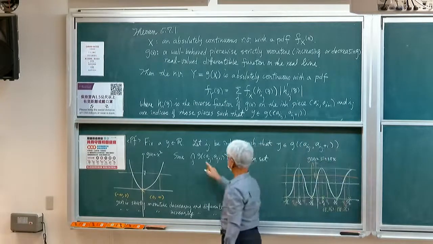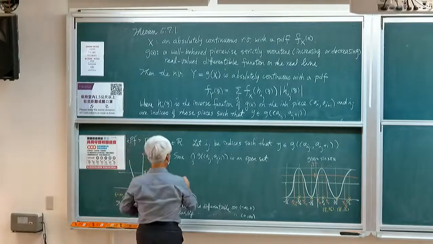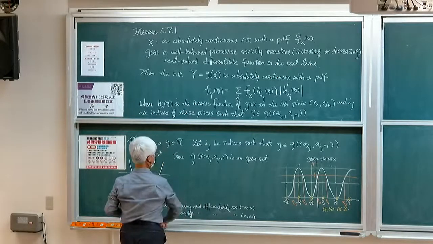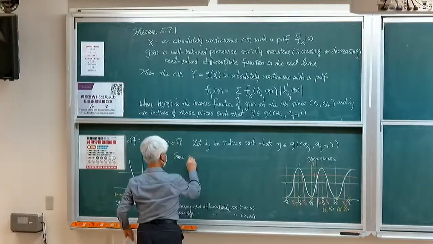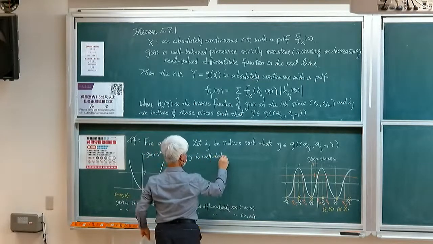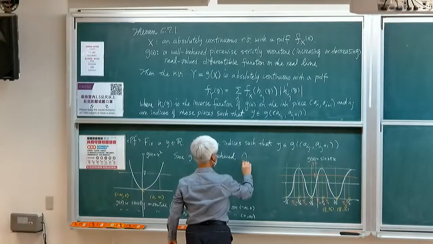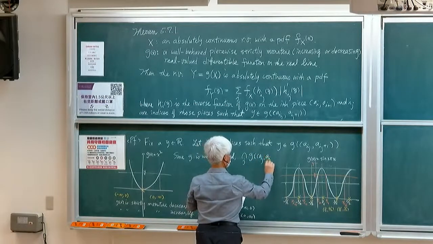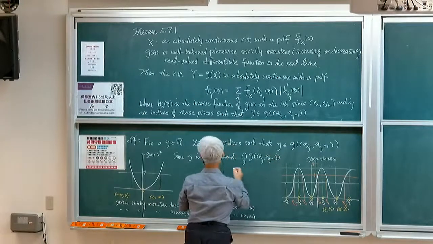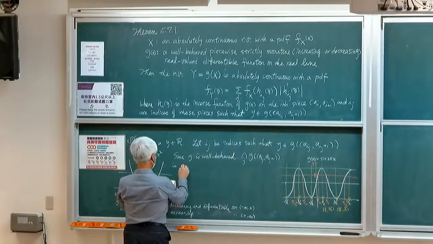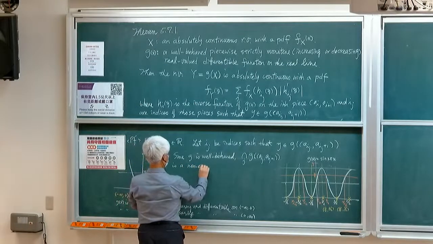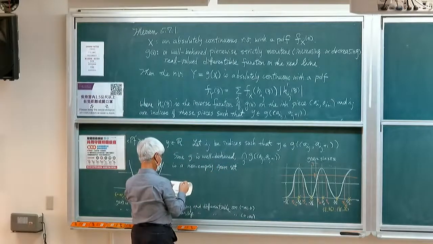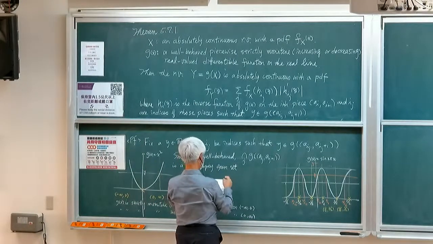And since g of x is well behaved, the intersection of g of (a_{i_j}, a_{i_{j+1}}) is a non-empty open set.